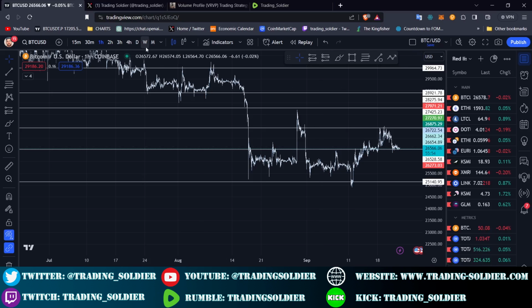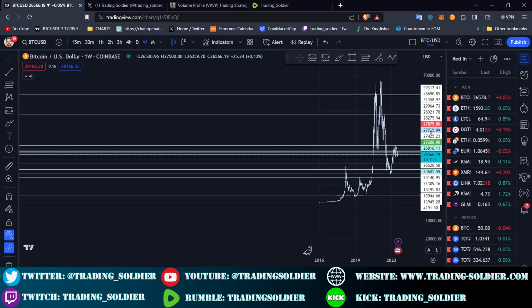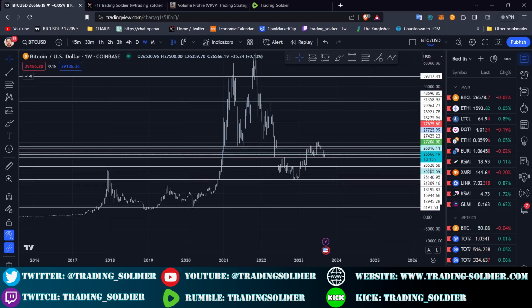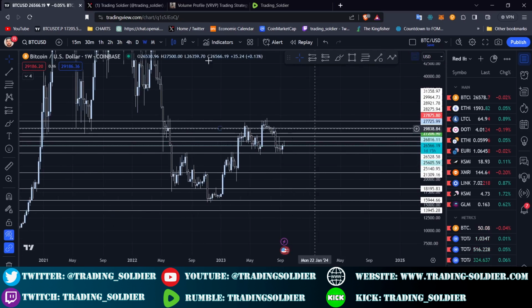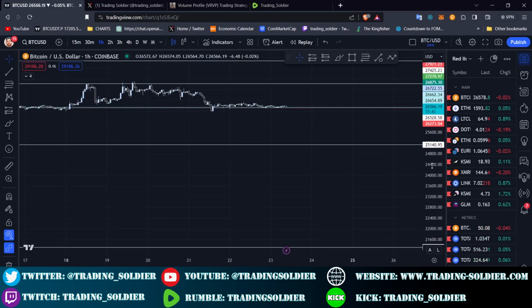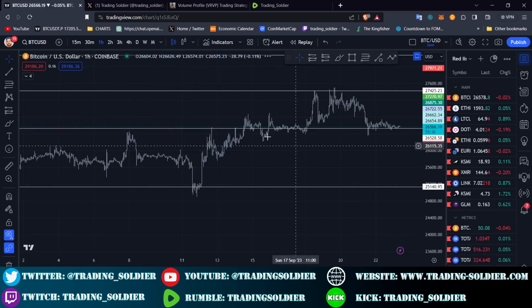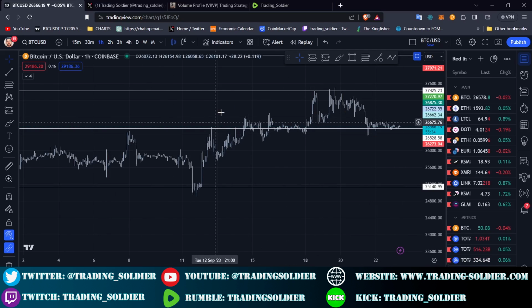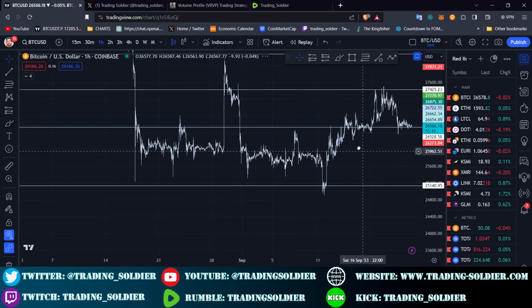So here in the weekly you see the macro structure, okay? You don't see all the volatility or the little price movements in the chart. But if you switch to the 1-hour chart, here you see every little movement, every little volatility and every little price action that you can take advantage of.